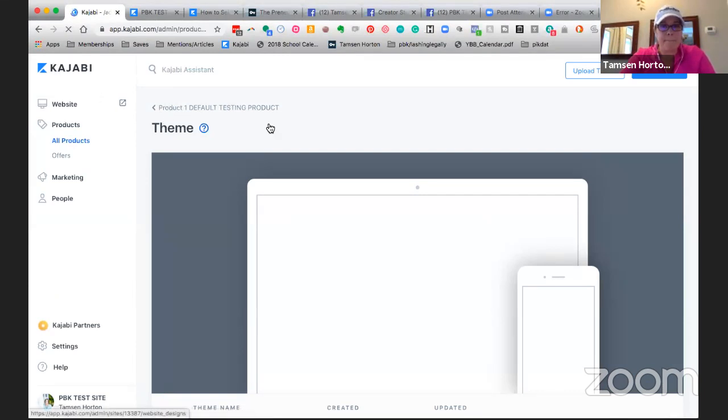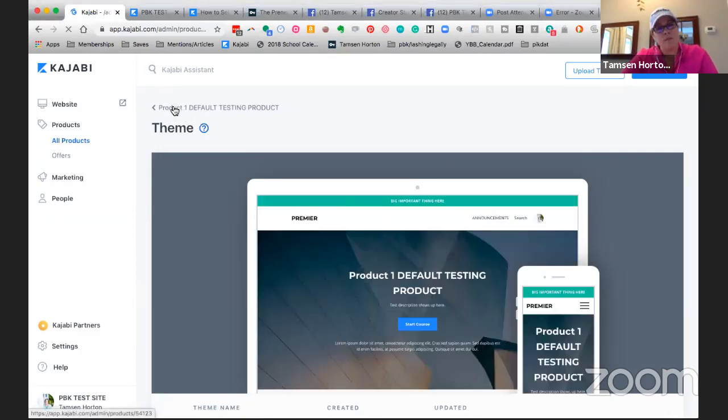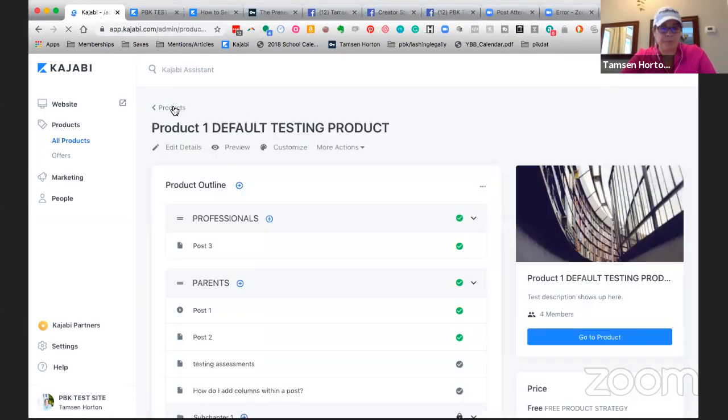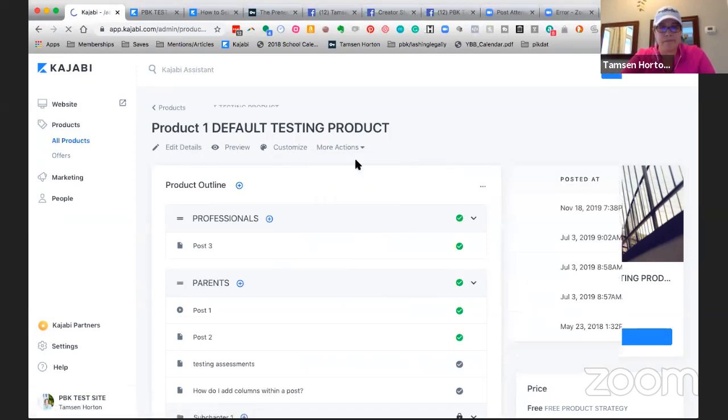Yes. Okay. So when you're in your product, click on more actions, announcement.